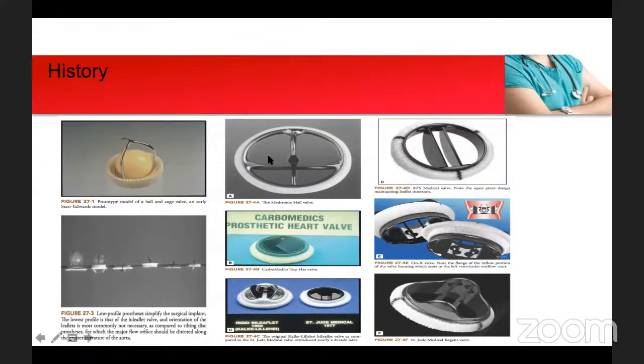Then the second generation of aortic valve prosthesis, in the middle of the screen, is the tilting disc prosthesis, with different models implanted from the late 1960s to 1980.